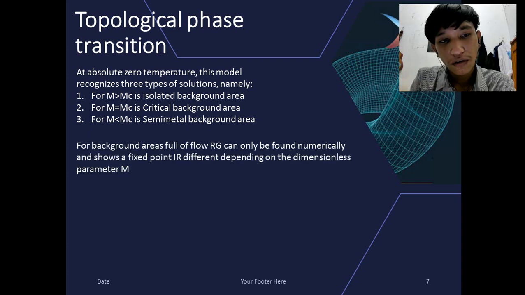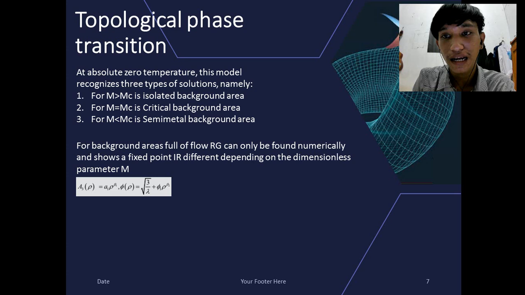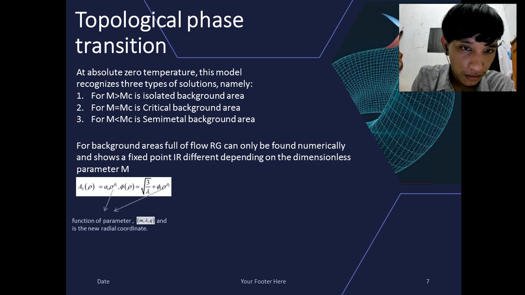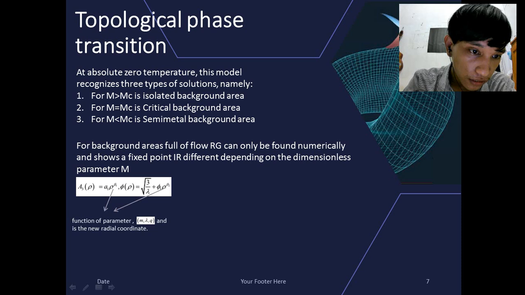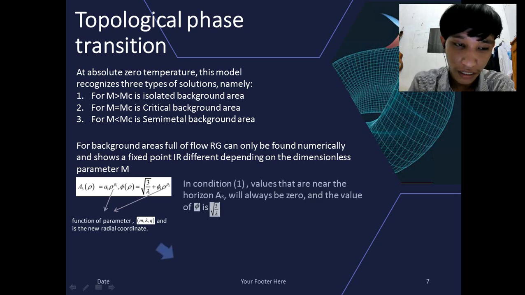So for background areas, the full RG flow can only be found numerically, and the fixed point in the IR is different depending on the dimensionless parameter m. You see the equations for beta 1 and beta 2, which are functions of the parameters. And for lambda q, there is this new radial coordinate.